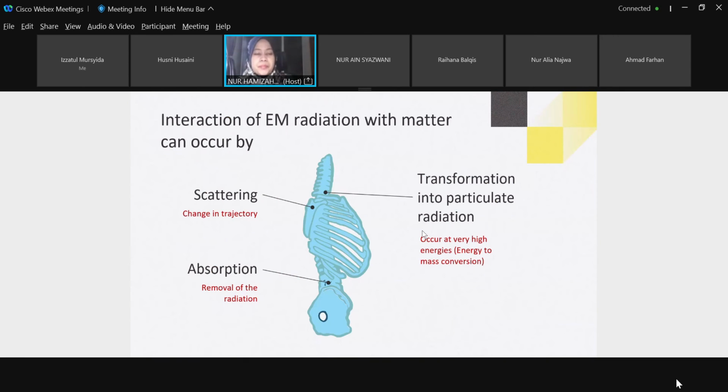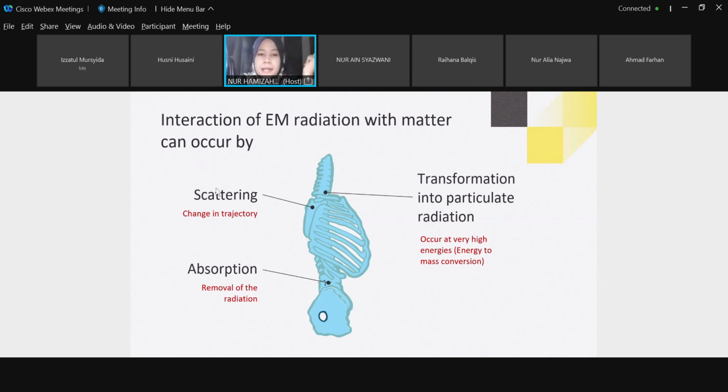Okay. So whenever electromagnetic radiation interacts with metals or the object or the medium, several interactions may occur, whether scattering, absorption, and also transformation of the electromagnetic radiation into particulate radiation. But this one occurs at very high energy.